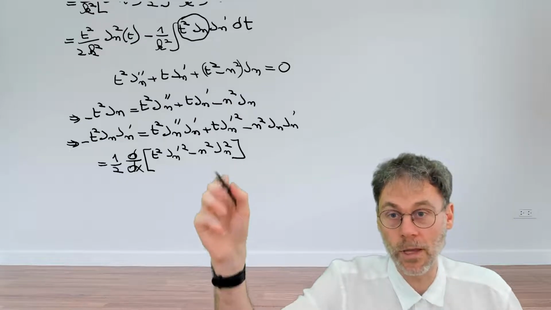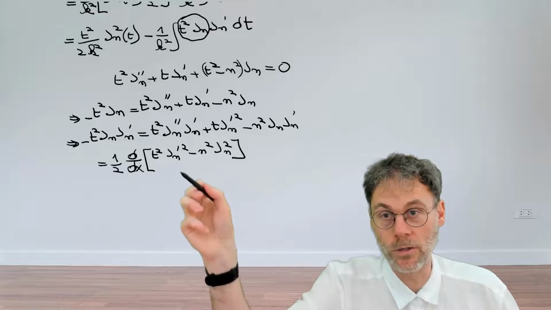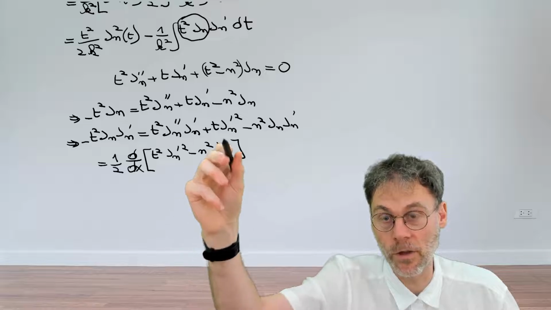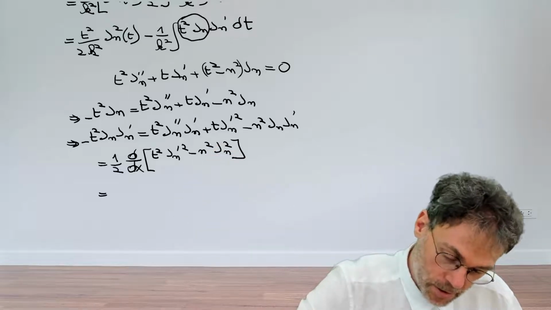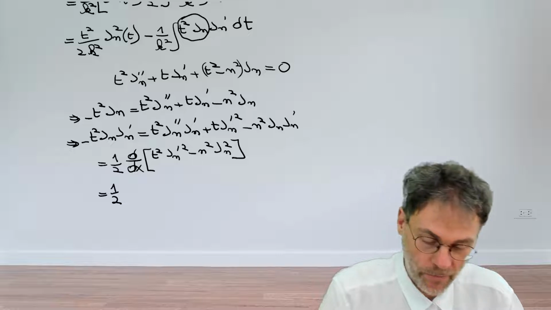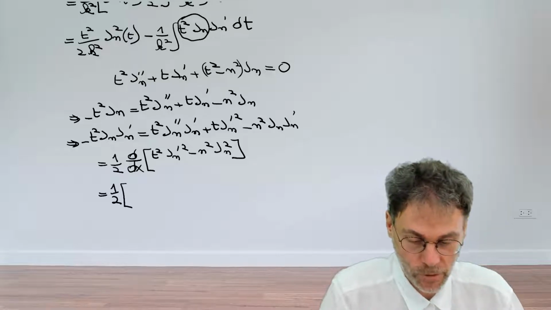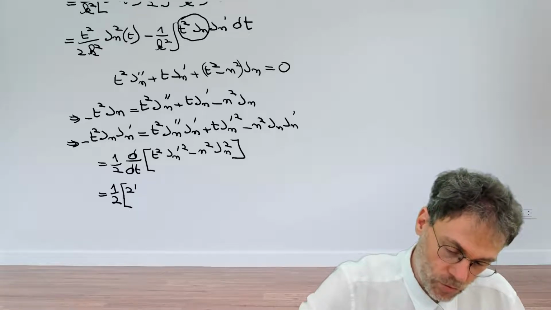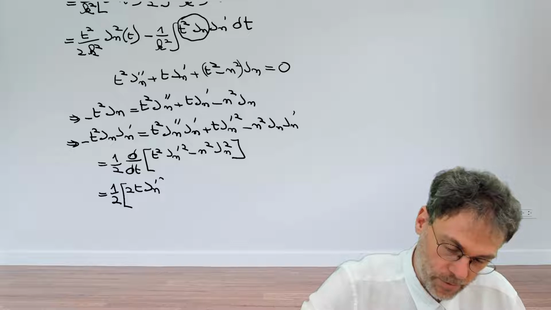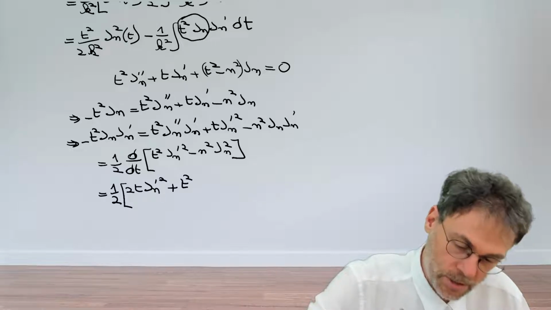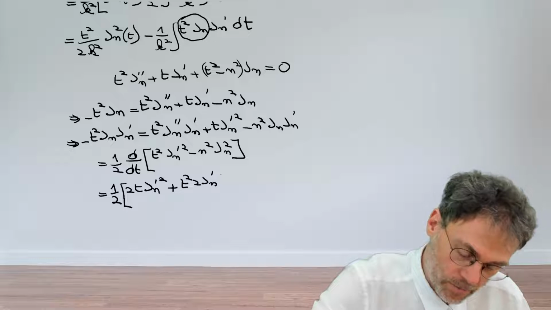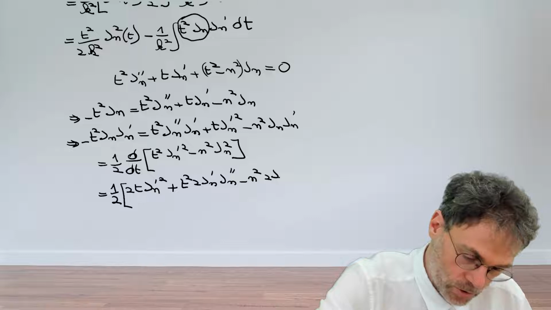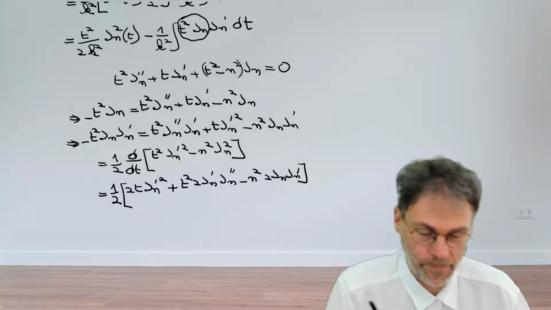And if you weren't able to make that step by yourself, don't worry, you can always go the other way around and use this as a given and verify that if you take the derivative, you end up here. So let's just verify. So we have 1/2, and then we have d/dt here. So we have 2t J_n prime squared plus t squared 2 J_n prime J_n double prime minus n squared 2 J_n J_n prime.